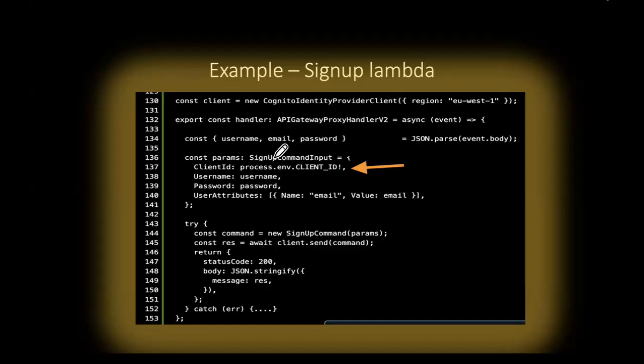Now, it's the same programming model with Cognito because the Cognito SDK is designed in a similar way to the DynamoDB SDK. And as I did say earlier on, it turns out that all of the other services' SDKs follow that programming model as well. So that's nice. There's no new learning involved.